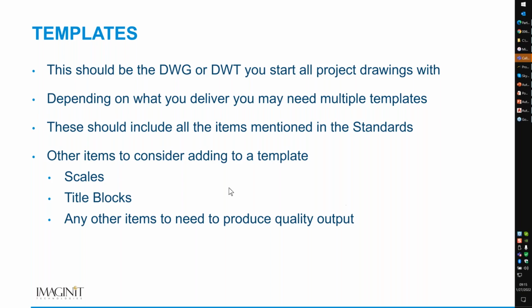And other items to consider adding to your template: scales, title blocks, and any other items you need to produce quality output. Your drawing template, or where you start things, is going to be so critical for the next steps down the line, so that people don't need to constantly go back to a reference document, figuring out what layer they need to create and what needs to go on it.